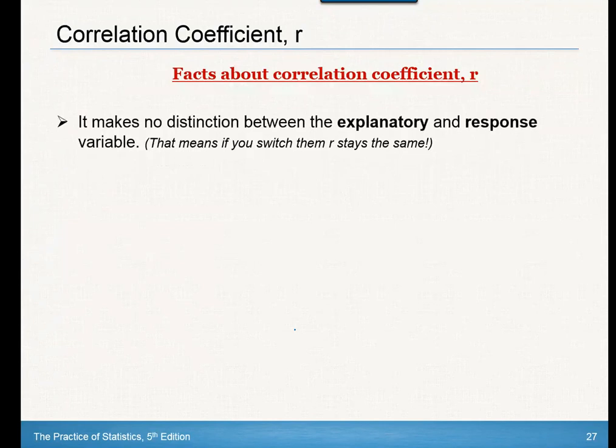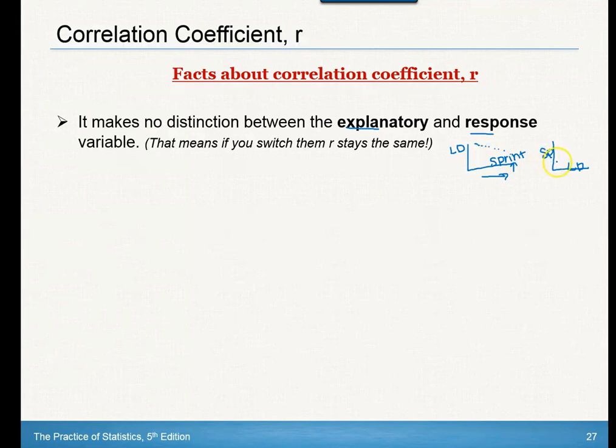So a couple facts about correlation. So number one, it makes no distinction between the explanatory and response variables. So that just means if we have sprint time here and I have my long distance jump here, okay, if I were to switch them, I would have the long distance jump here and the sprint up here. So we said that this was a negative correlation, right? So as the sprint time increases, your long distance jump decreases.